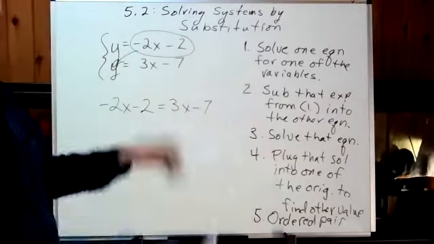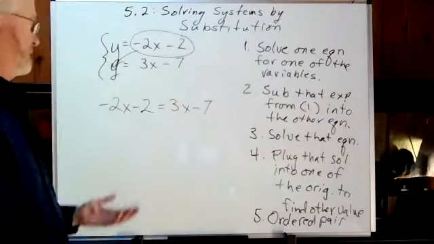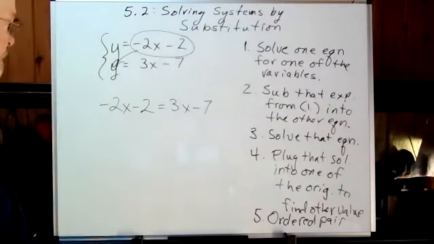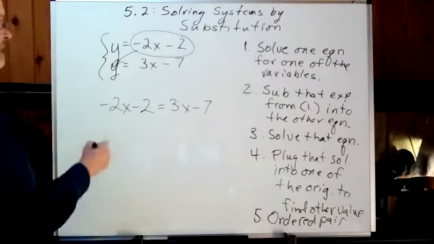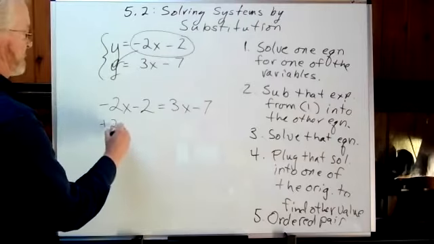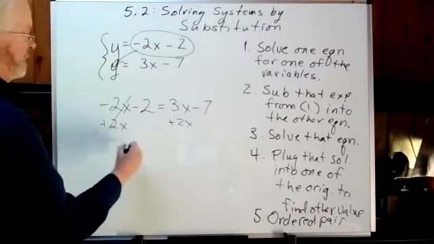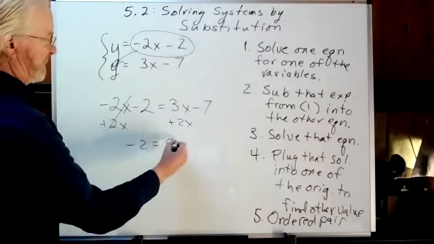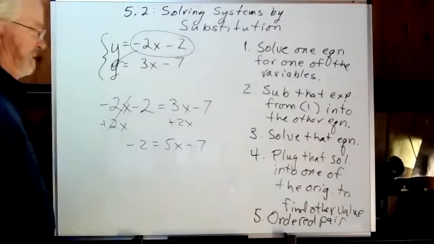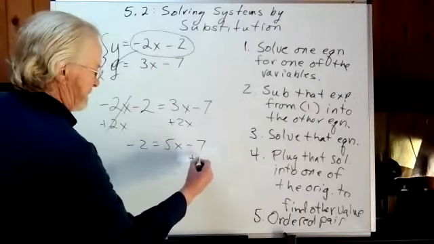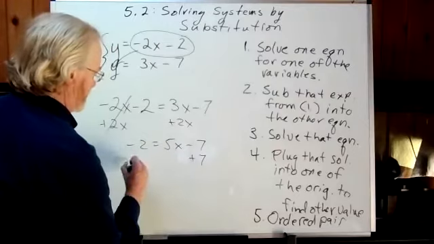So I want to get all the x's on one side and all the constants on the other side. It doesn't really matter which side you go to. So let's say I'm going to add all the x's, basically canceling them out here and putting them over here on this side. Add those two x's. And now I'm going to add the 7 to both sides.